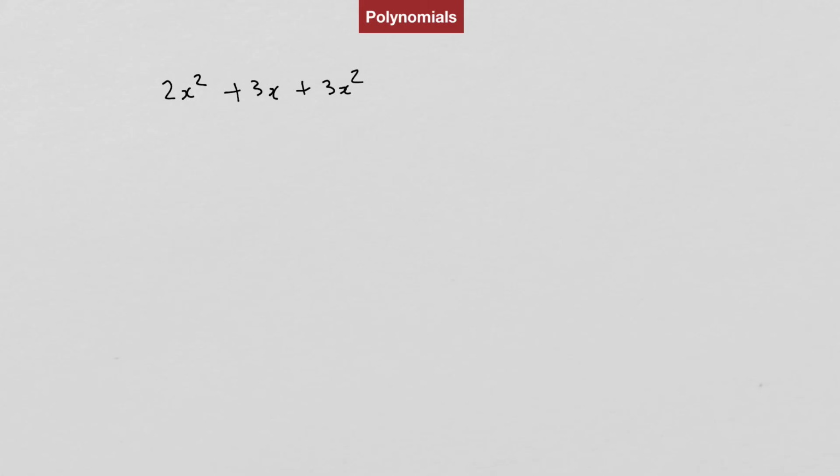So if you take a look, this monomial has a 2x squared. This monomial has a 3x squared, whereas this only has a 3x. So the two terms that we can add together are 2x squared plus 3x squared. If we add those together, we get 5x squared, and then we write the last monomial plus 3x.